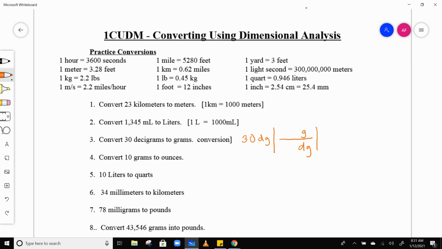Now, I don't like to deal with decimals here, so I just say, well, 1 gram is 10 decigrams. Okay, 1 gram is 10 decigrams.